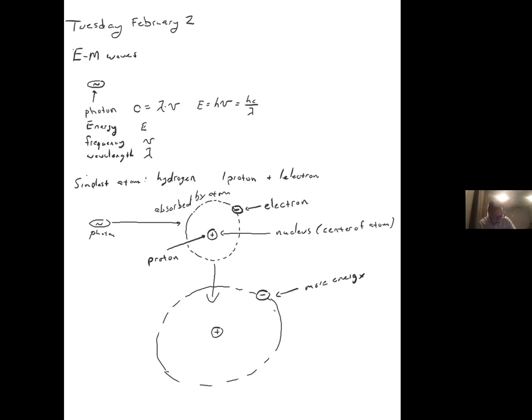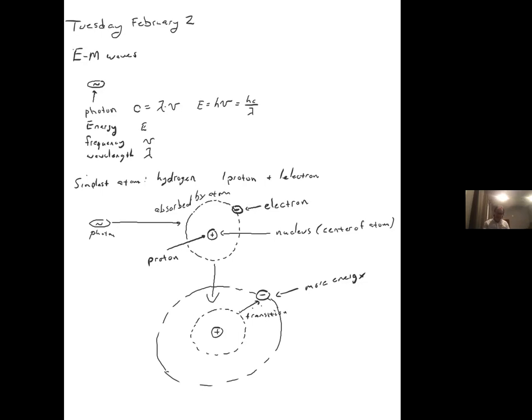Okay, so somehow the electron went from this smaller orbit to this larger orbit, right? That's called a transition. So a transition is where an electron moves from one orbit to a different orbit, okay?